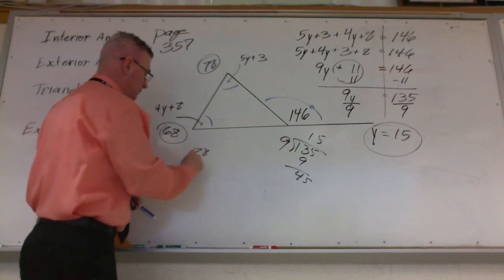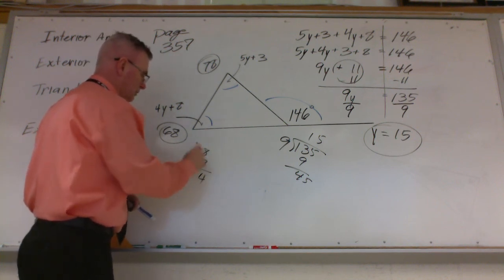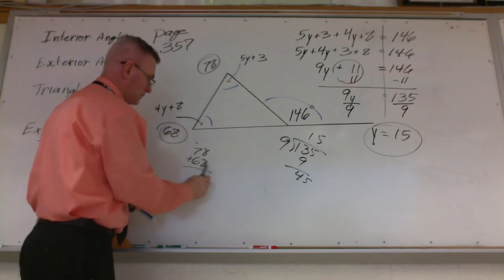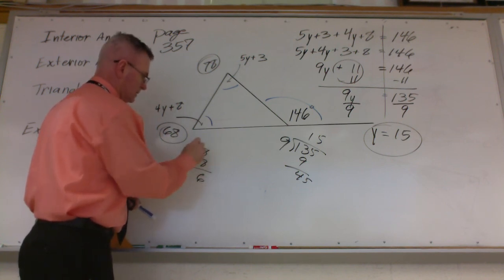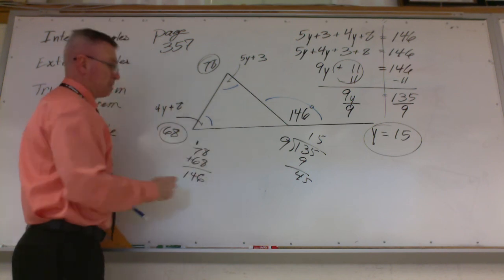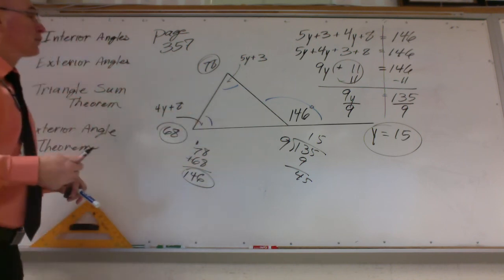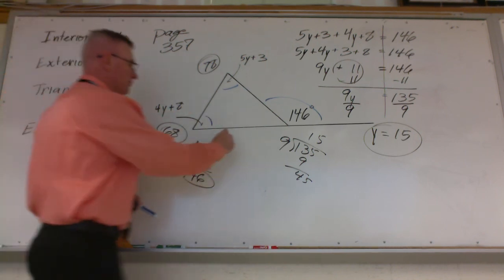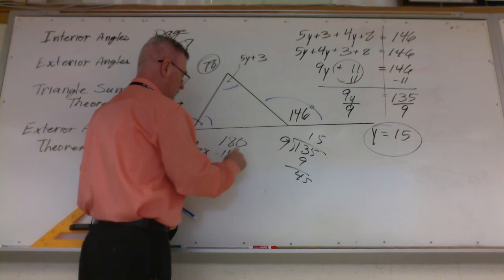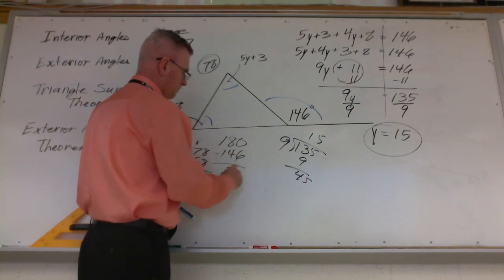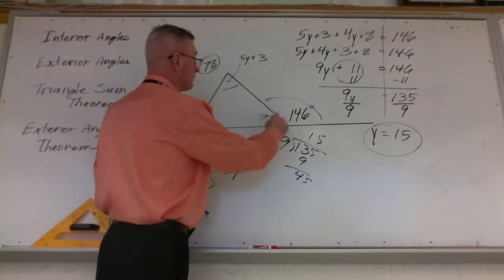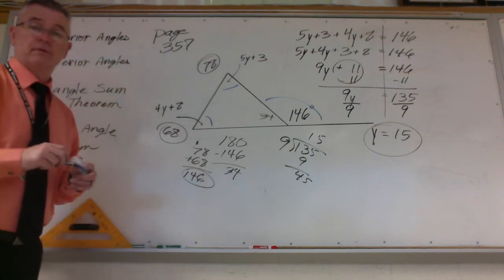Well, 78 plus 68 is, oh, sorry, 146. Hey, it matches, 146. Right there. So what is 180 minus 146? 34. There we go right there, 34.